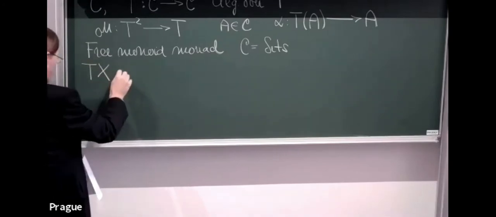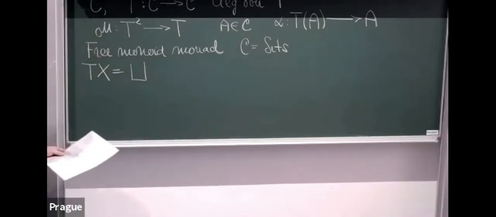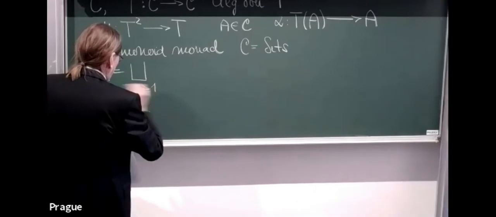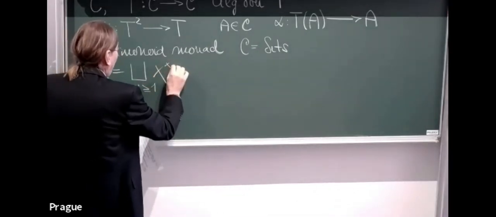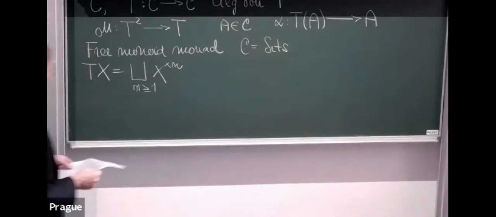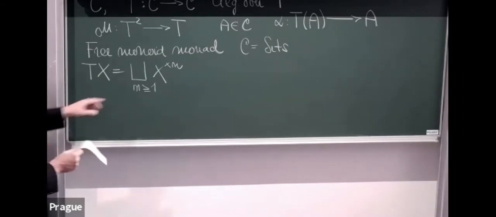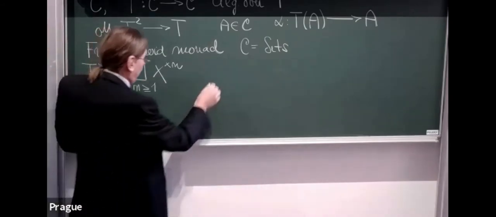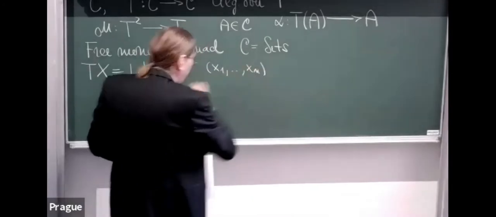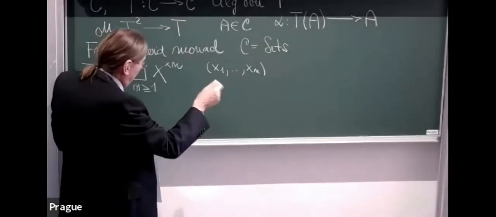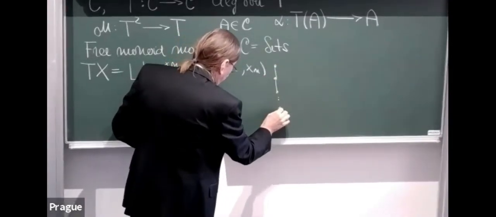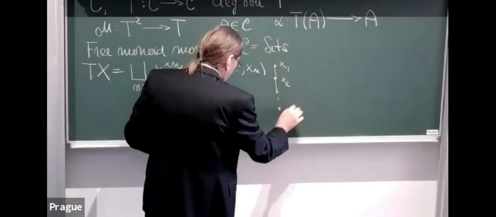T on X is a disjoint union of Cartesian products of X. An element of X to the power n is certainly an n-tuple of elements from X, but I like to visualize them as a kind of string, x1, x2, ..., xn.